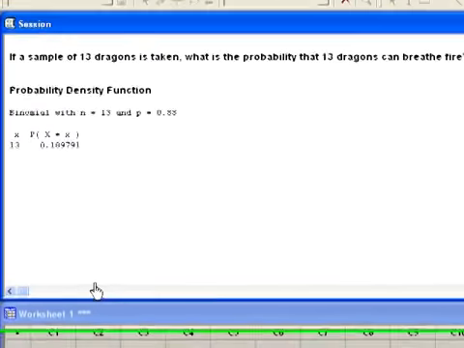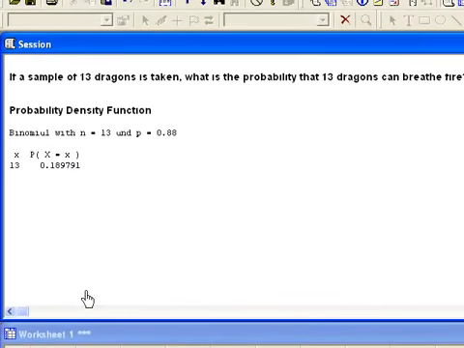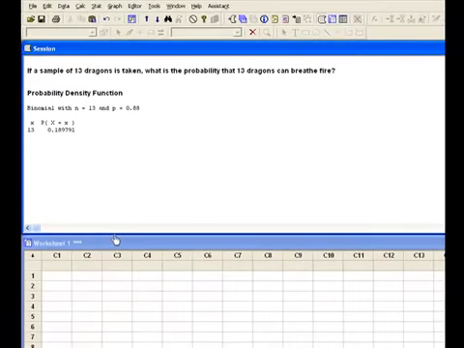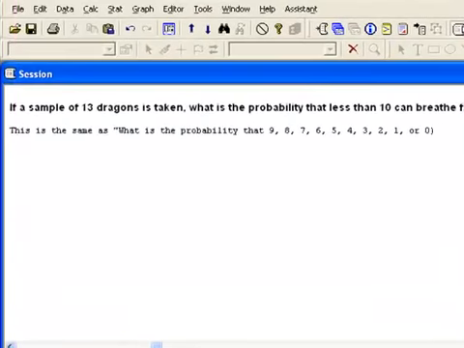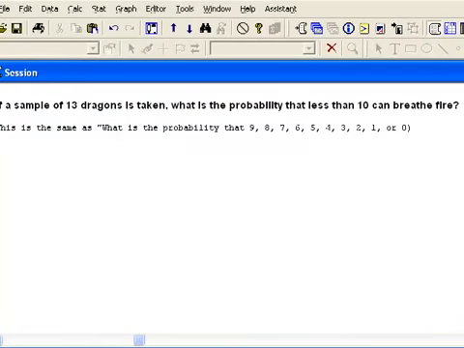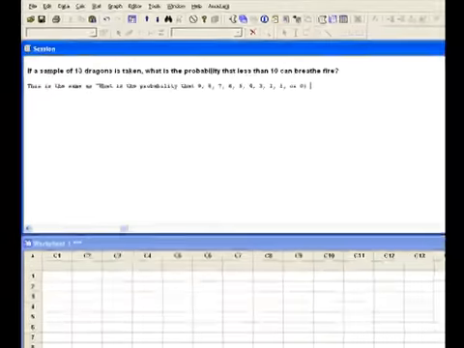Last but not least, I asked you, what is the probability that less than 10 of the dragons can breathe fire? What we know is that if we're looking at a sample of 13, the probability that less than 10 can breathe fire is the same thing as the probability that 9, 8, 7, 6, 5, 4, 3, 2, 1, or 0 can breathe fire. What we know is that all of these probabilities will add up to 1.